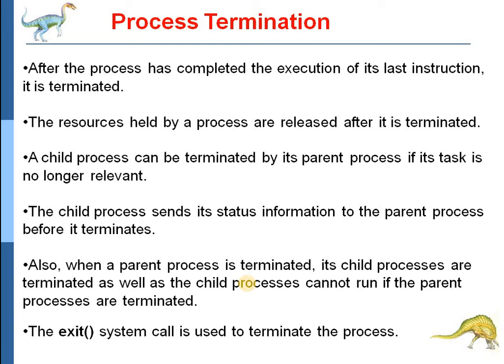So when the parent process terminates, the children processes continue with a new parent, which keeps track of the children processes. In Unix, if the parent process terminates itself, its child processes continue by being assigned a new parent process using init.